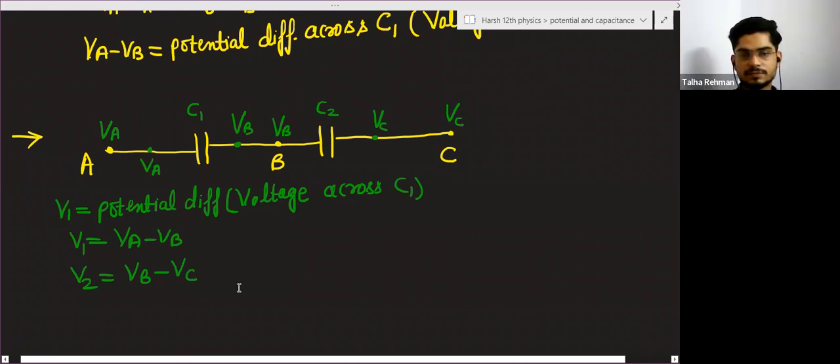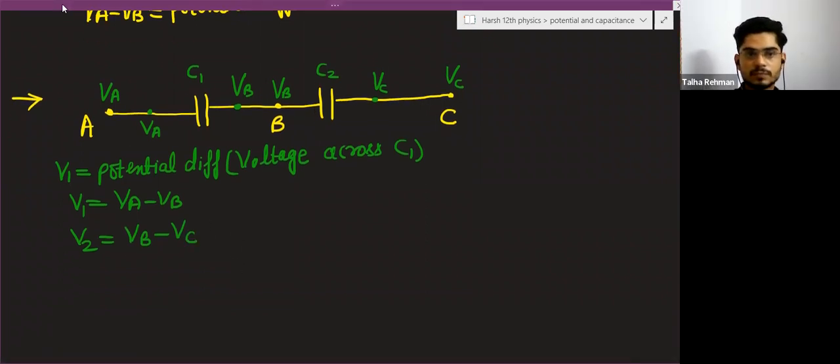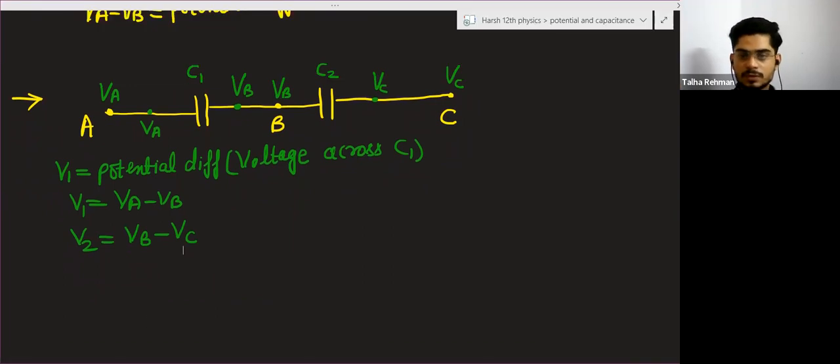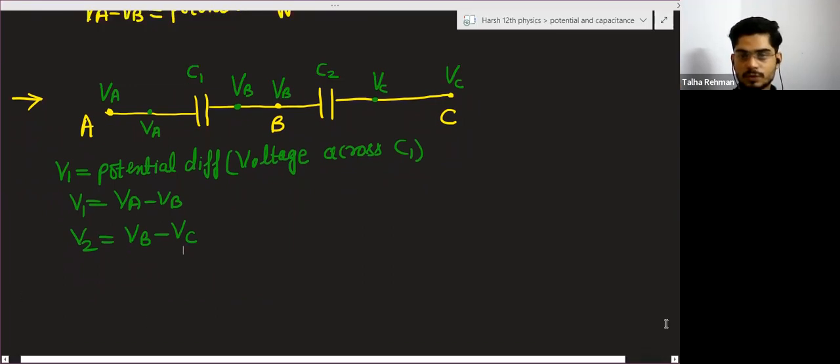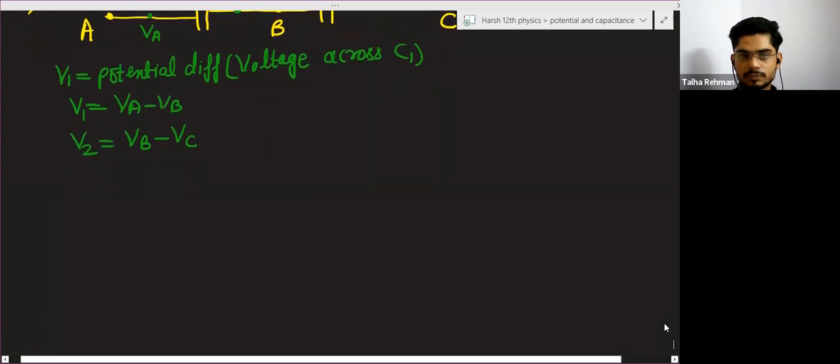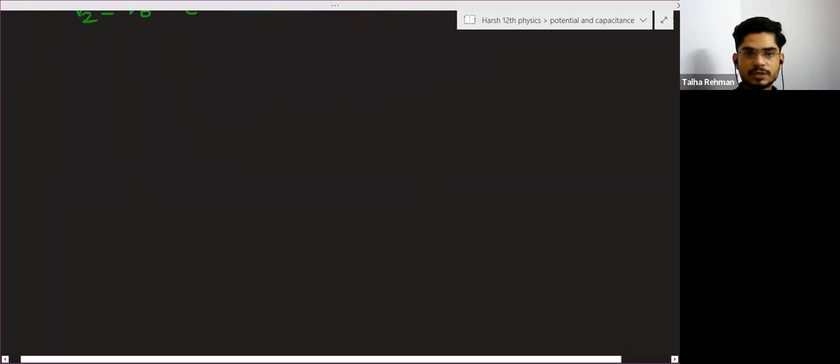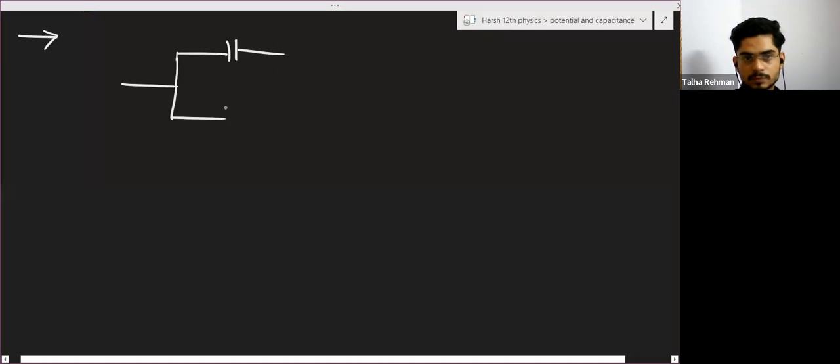Now last case. Suppose the combination is like this. Is this a parallel combination or series combination?